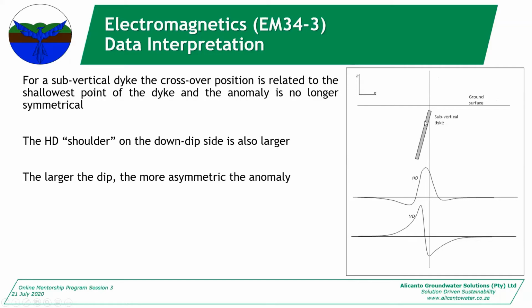So you'll see right at the end, I've got the target zones that we want to look at. On a dyke, you want to look at the down dip side because groundwater is going to flow along here and pond up. It's not going to pond up on this side; it's going to be all the way down here. But at least here, you're going to get this sort of dam wall on this side. So where these cross over, which will be around here, that's sort of plotting about there on this dyke.